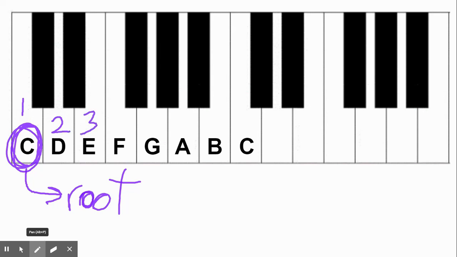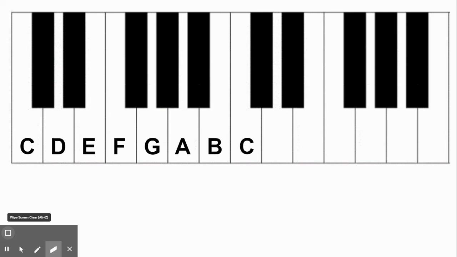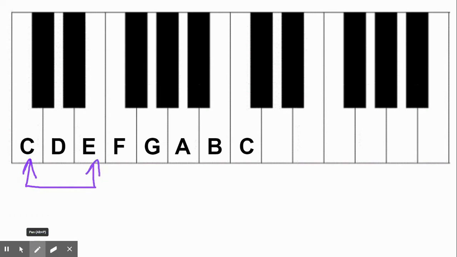If I go up to scale degree number 3, then the interval between C and E is a third. So from C to E, that interval is a third.